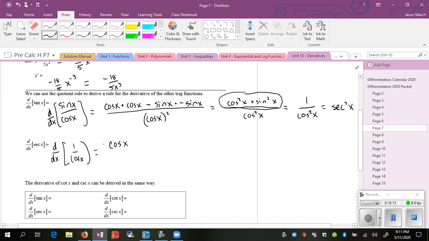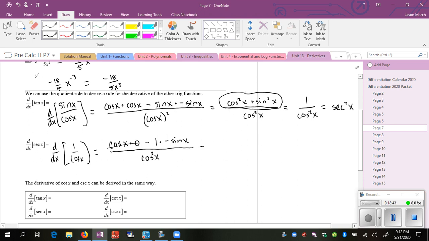Well, the top is a constant, so its derivative is 0, and that just wipes out, minus high, which is 1, times the derivative of the bottom, which is negative sine x, all over the bottom squared, or low squared, so cosine squared.